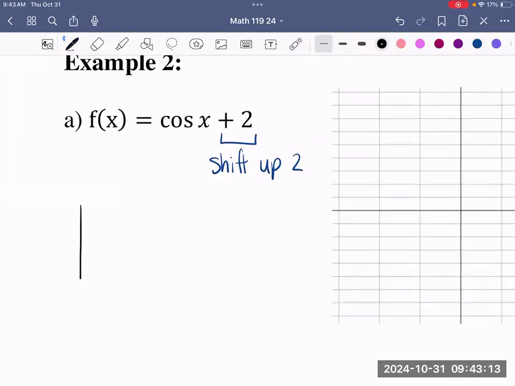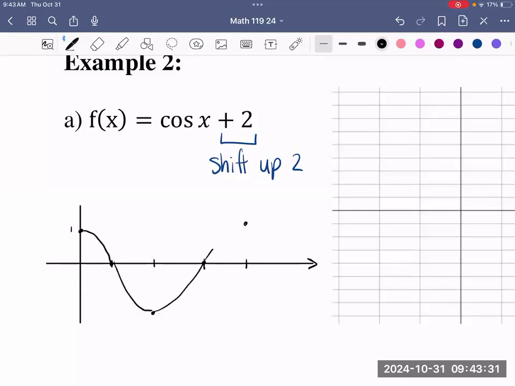So if your cosine graph originally was up at 1, then back down at 0, and at -1, at 0, and then back at 1. If it did look like this from before, we're going to take all of these points and shift them up by 2, up by 2, up by 2.